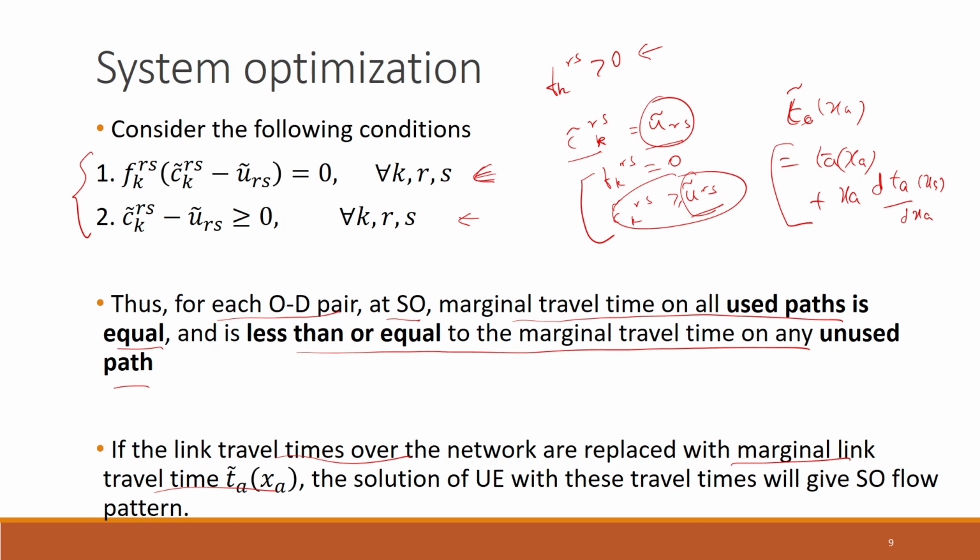This is telling us that you can obtain the solution of system optimization by solving a modified user equilibrium problem. And in that modified user equilibrium problem, you have to replace the original travel time functions for every link by the marginal travel time. And then solve the user equilibrium problem, that is determine the equivalency conditions and then find the solution, and that solution will actually be the solution of system optimization. So this is very interesting.